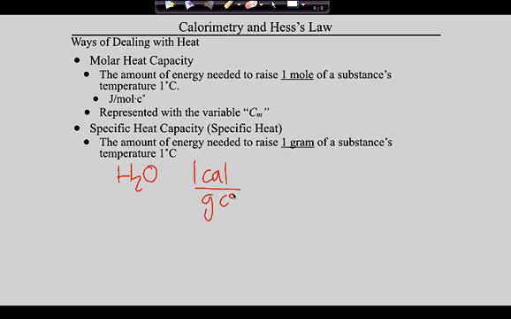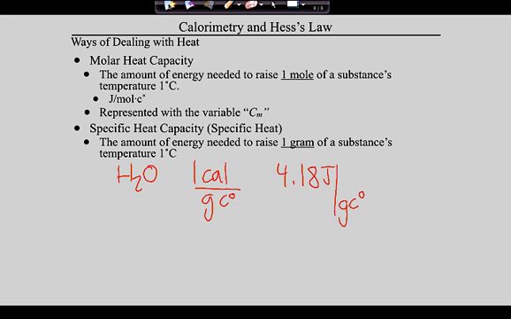Or you may remember we talked about the conversion. 1 calorie is equal to 4.18 joules per gram per Celsius degree. So the specific heat of water is 1 calorie or 4.18 joules because those numbers are the same. Because a calorie is the same as 4.18 joules.